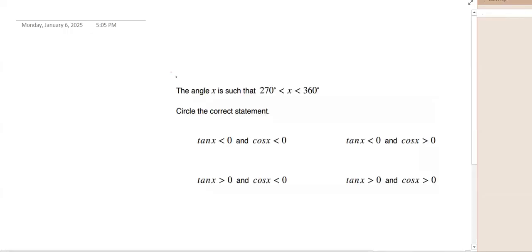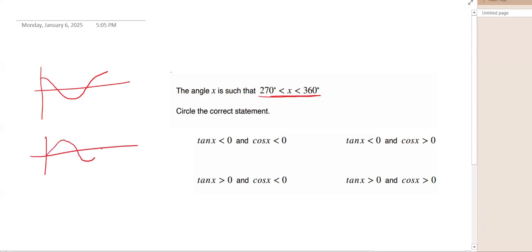Okay, have a look at this one. The angle x is such that it is from 270 to 360 degrees. Circle the correct statement. The three sketches are in front of you, so I'm going to sketch the three. This is for cos, this is for sine, and this is for tangent, with 90, 180, 270, 360.